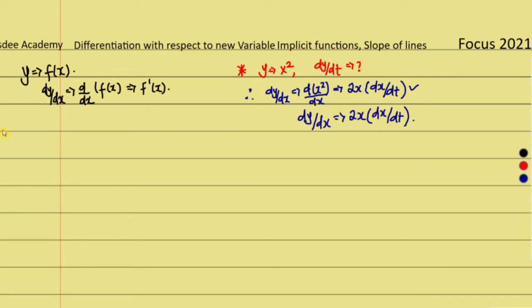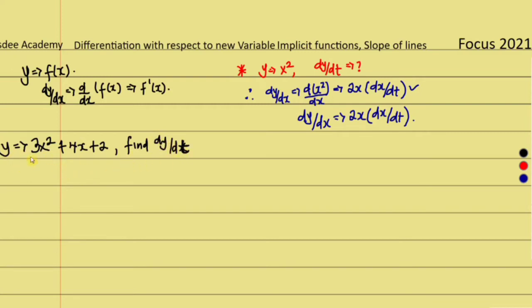Another example for clarification, for understanding's sake. We have y is equal to 3x squared plus 4x plus 2. Now, the examiner asks us to find dy/dt. You don't need to waste time. You can see the expression is in y and x, but you are looking for the new variable, y and t.